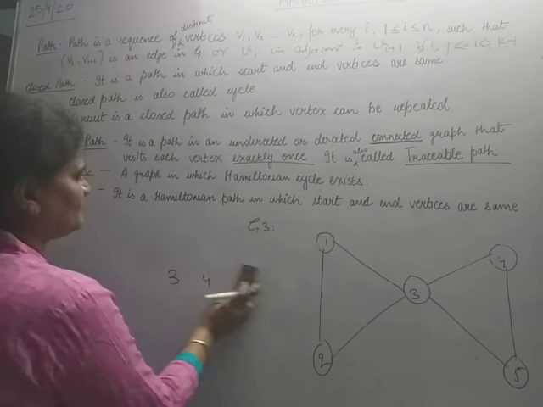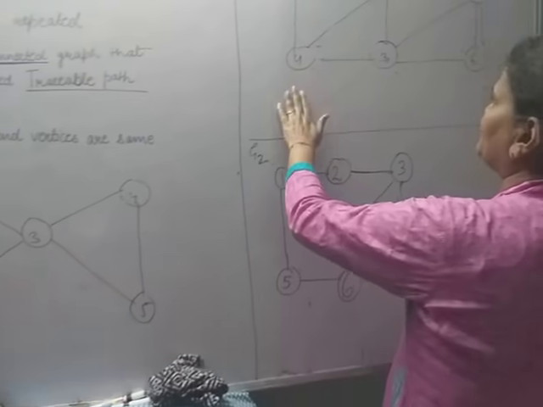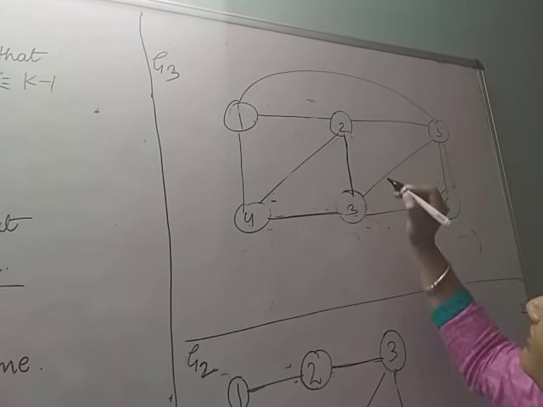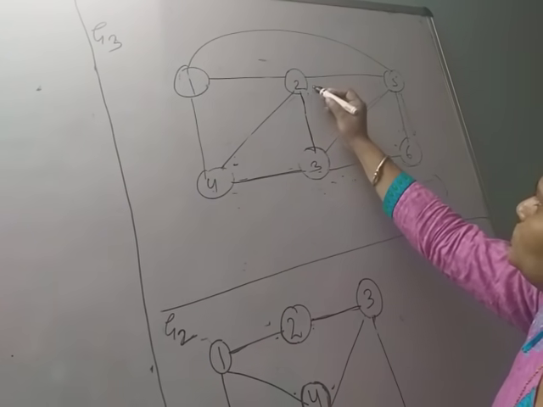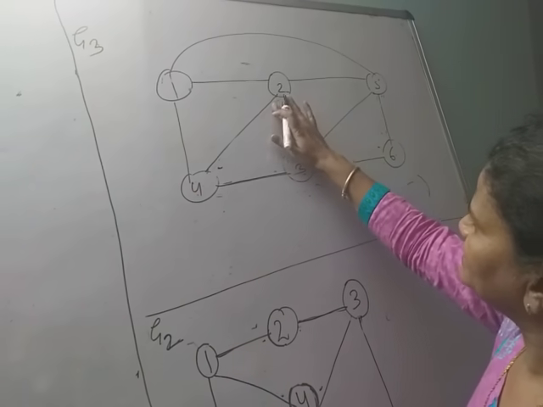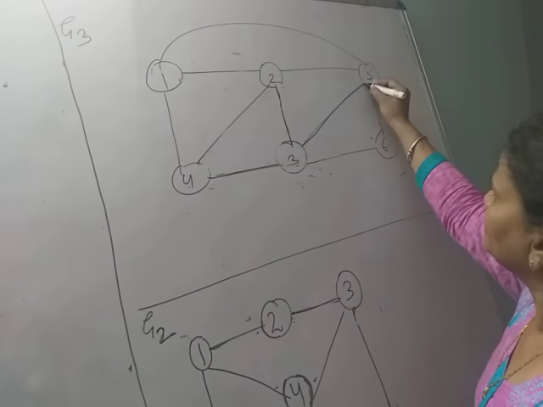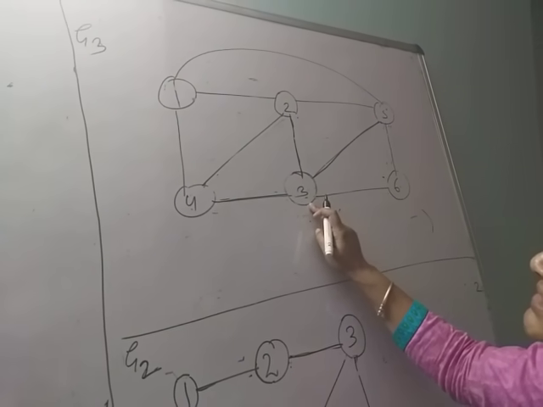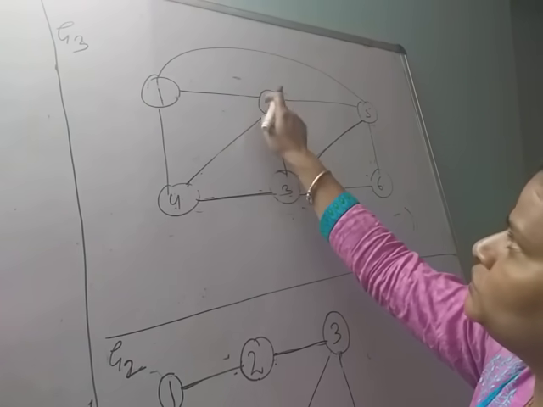Now consider this graph, G3. Suppose we start from 2, so 2 to 5, 5 to 6, 6 to 3, 3 to 4, 4 to 1, and 1 to 2.